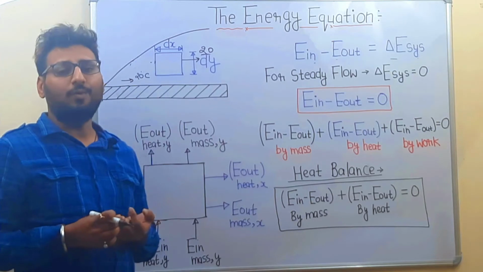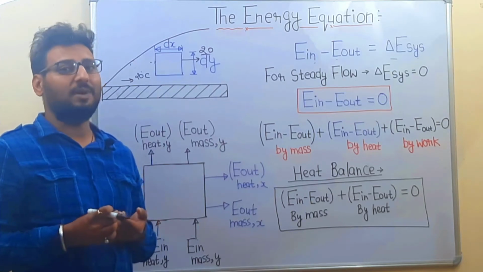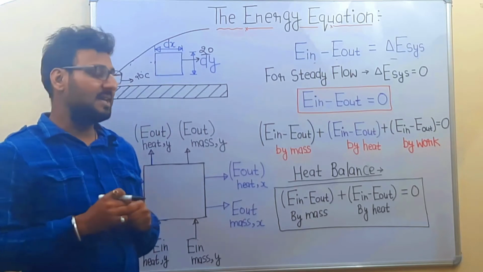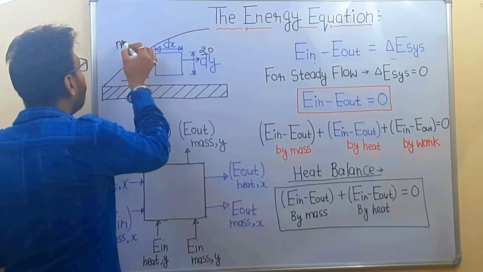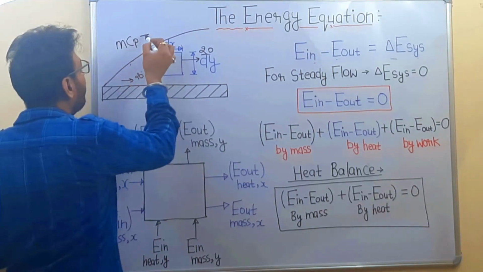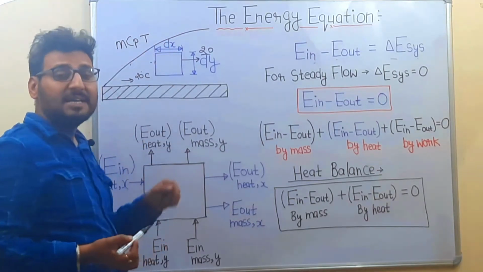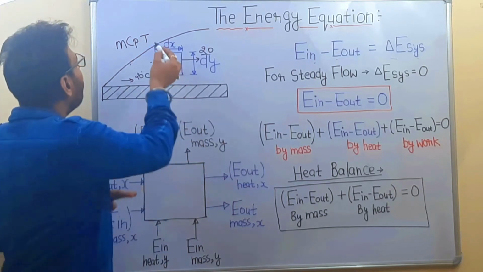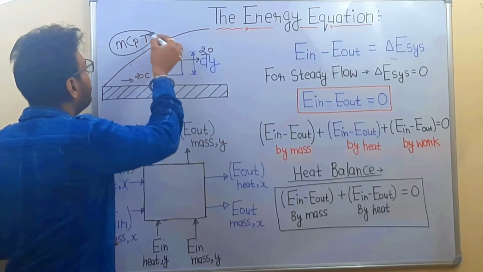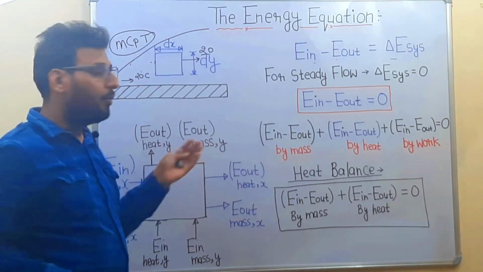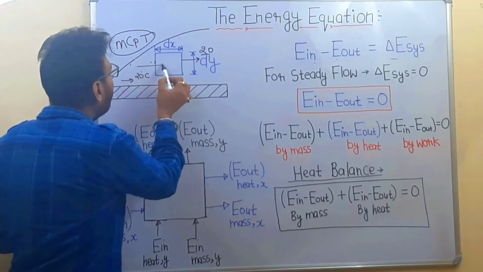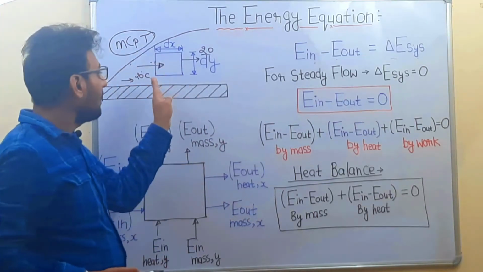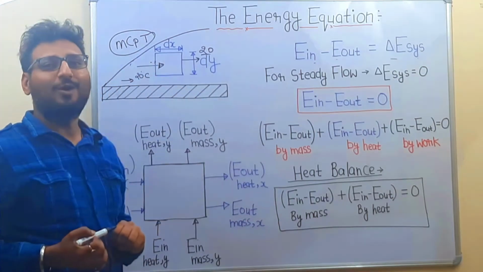As we already know from the basics of thermodynamics, the total thermal content of a substance is given by mCp(T). So the fluid having some temperature T, 20 degrees centigrade, has this much thermal energy. Now when this fluid enters the control volume, some thermal energy is also entering the control volume.